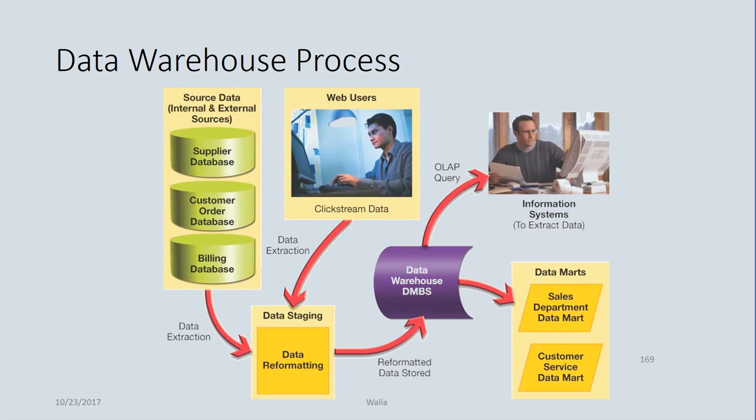Maybe you want to look at only one particular aspect of the data or information. So let's say you are working in a company where, as the picture shows, they are combining various databases, but you are a manager or executive in customer service. So you want to see only the customer service part of the data warehouse. You're not interested in seeing everything else which has been put there.